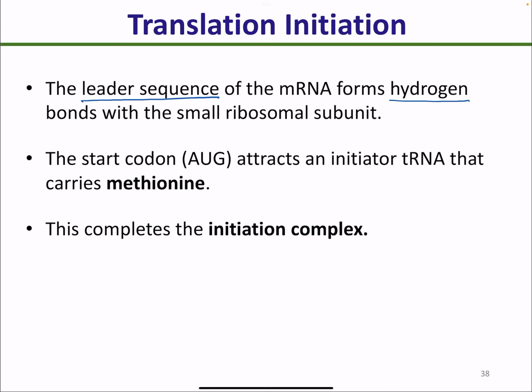When that binding occurs, then you're going to have an initiator transfer RNA that carries a particular amino acid that is called methionine. And that starting codon is called AUG.